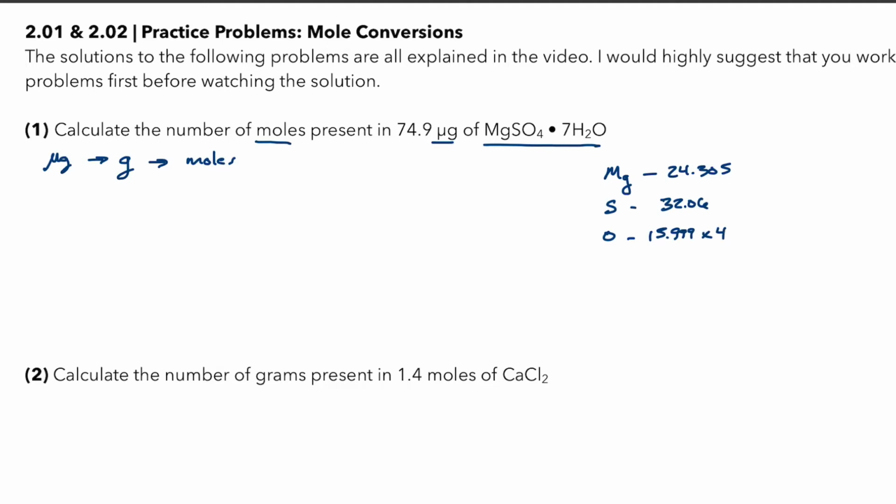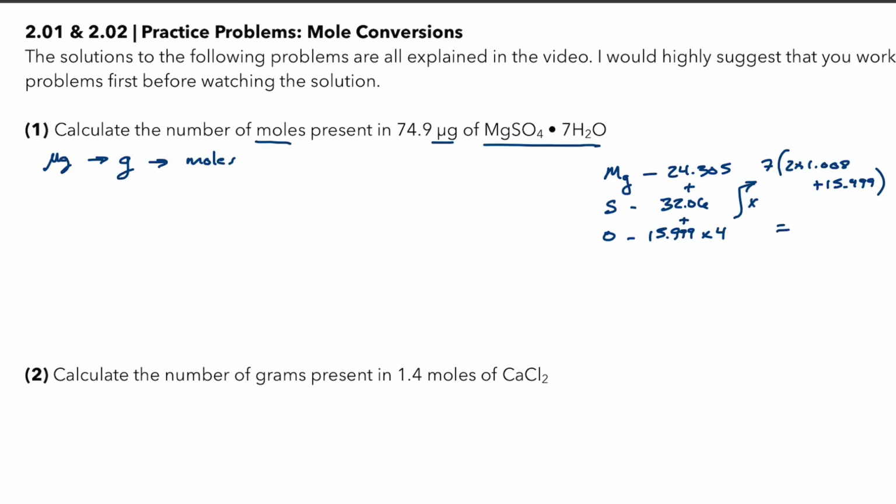And then I'm going to do 7 times 2 times 1.008 plus 15.999 for the heptahydrate. So I'm going to add these, and then add it to this. That's a plus sign, not a multiplication.